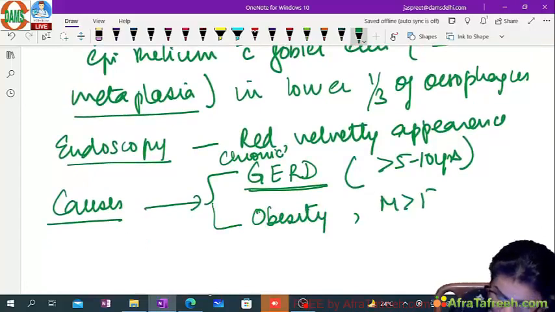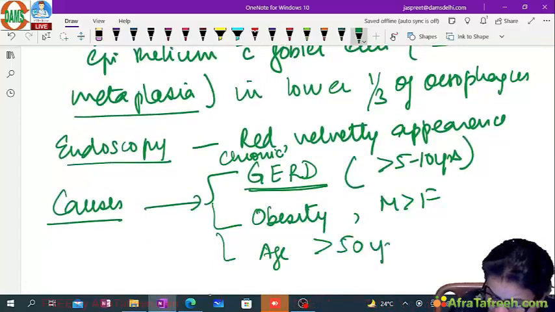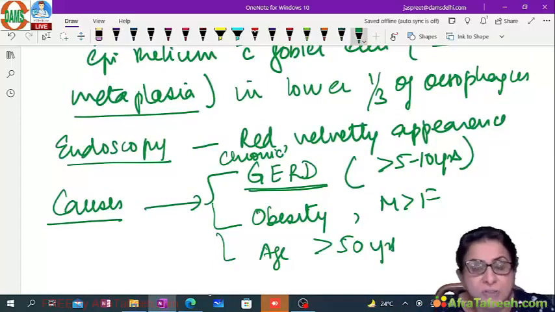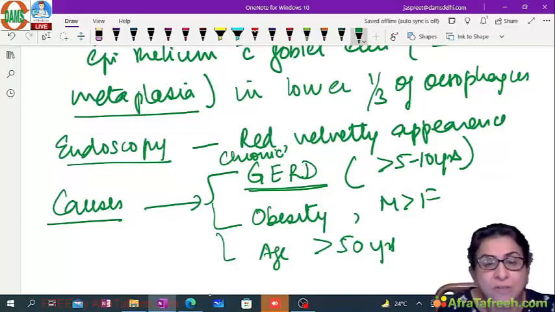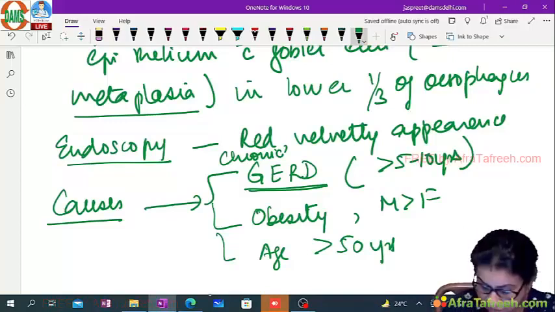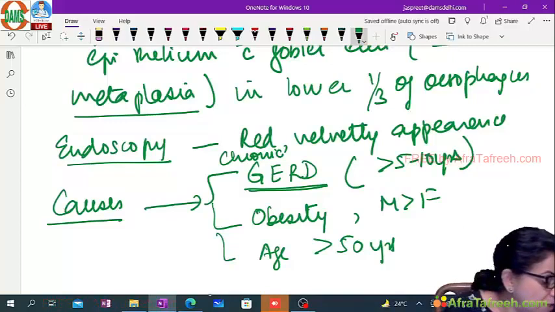Males are more commonly affected than females, and age is usually more than 50 years. So the risk factors for Barrett's esophagus are chronic GERD, obesity, and age more than 50 years.